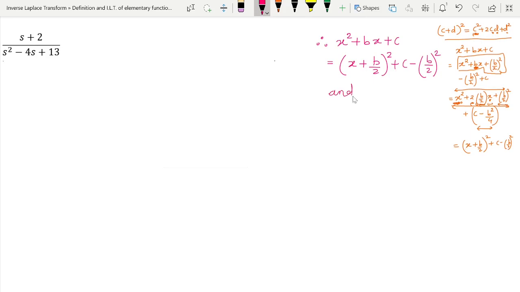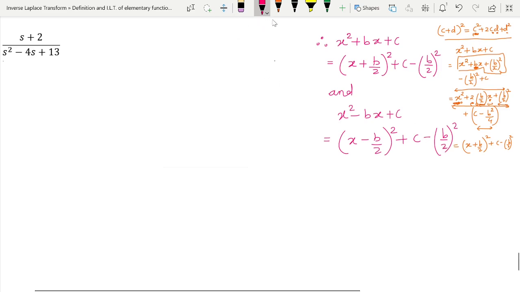And if we are having x square minus bx plus c, this will be equal to x minus b by 2 whole square plus c minus b upon 2 whole square. Now let us use this formula in this example.